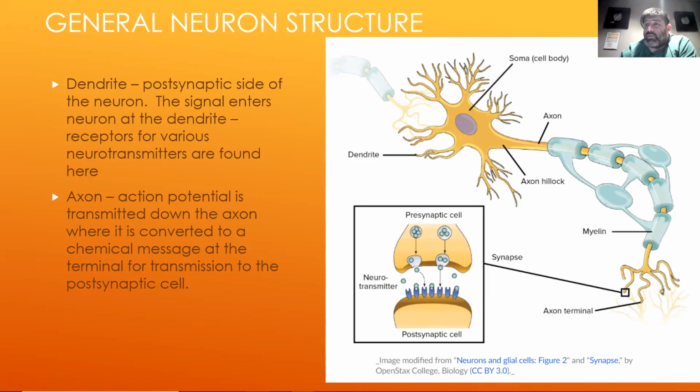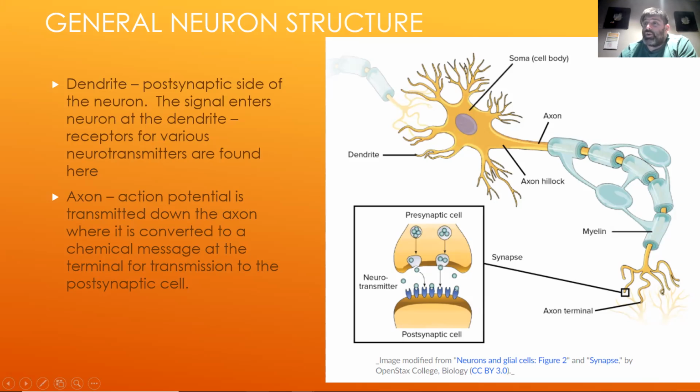Dendrite is a word that means branch, like a tree. I think either Greek or Latin for tree or to branch is dendros or something like that. So you could check me on that. But we see these dendrites branching off of what we call the soma, or the cell body.